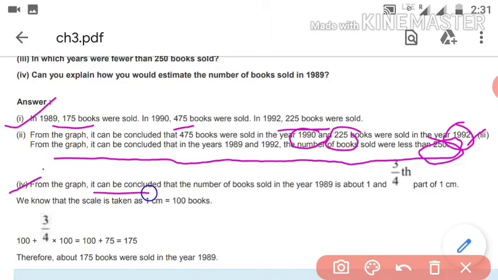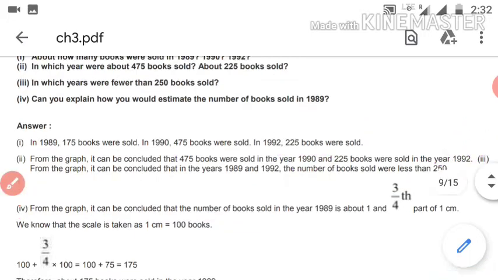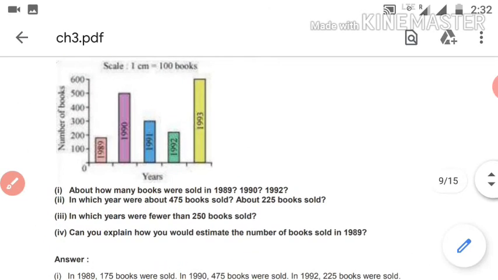From the graph it can conclude that the number of books sold in year 1989 is about 1 3/4 part of 1 centimeter. Okay, 1 3/4 part. I will show you the graph again.